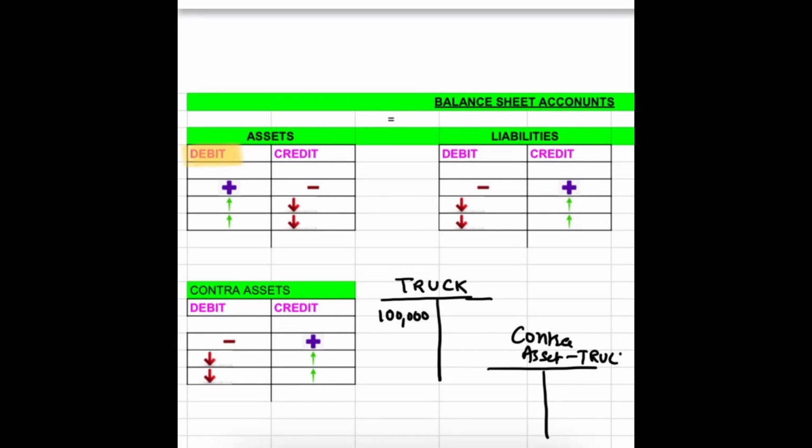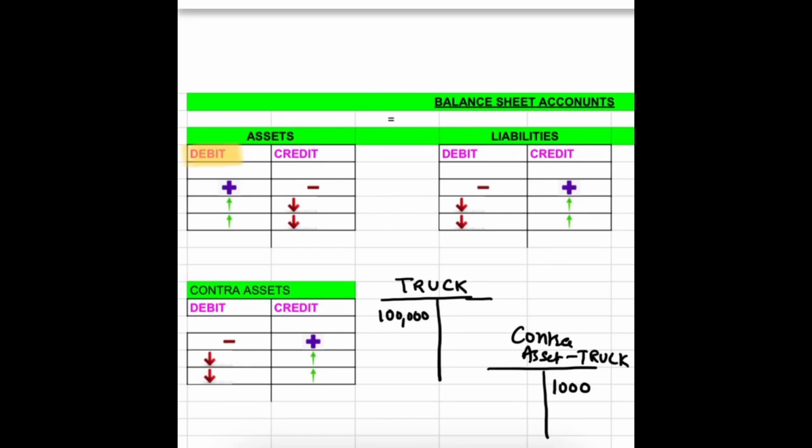That's a contra asset account for truck, and it will reduce the value of the truck. For example, let's say it's depreciated every year by $1,000, so they will enter it in the contra asset account.